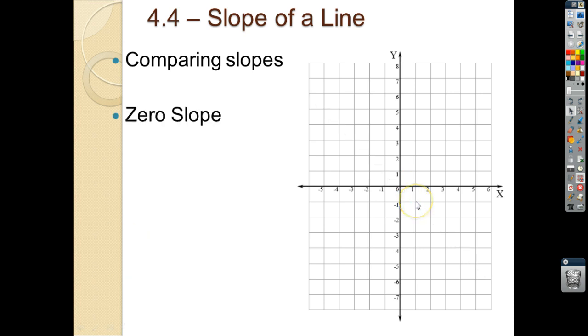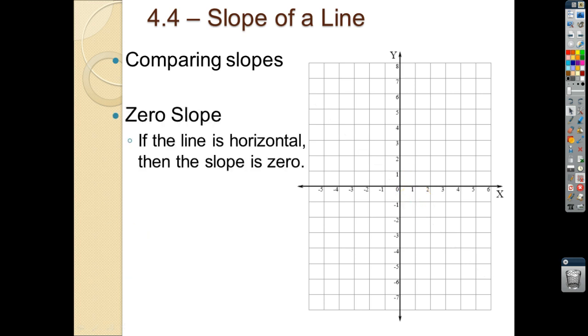Okay, zero slope. So what does this mean? This means as I increase my input, nothing happens to my output. As my input goes up, nothing happens to the output. It is consistent. It stays. There's no change.